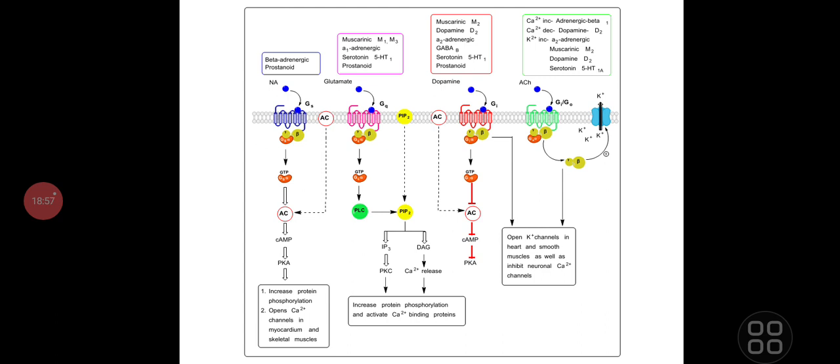In this way it causes opening of potassium channels in the heart and smooth muscles, as well as inhibits neuronal calcium channels. For calcium increase, adrenergic beta 1 receptor is responsible. For calcium decrease, dopamine D2, and for potassium increase, alpha 2 adrenergic, muscarinic M2, dopamine D2 and serotonin 5-HT1A.